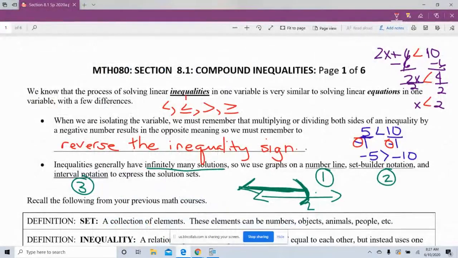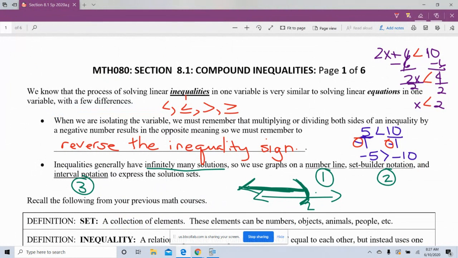So in this recording, I'm going to continue looking at section 8.1. In the first video, I talked about the basics of linear inequalities, solving inequalities, things like that.